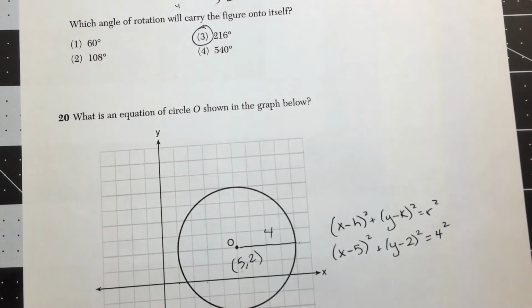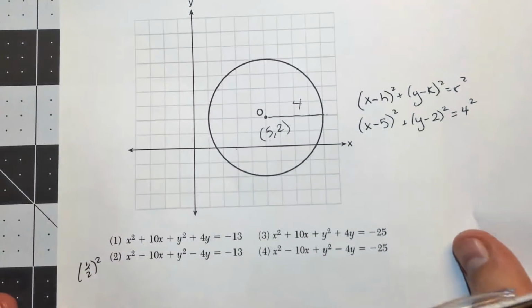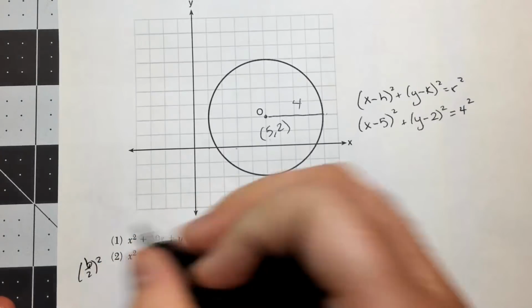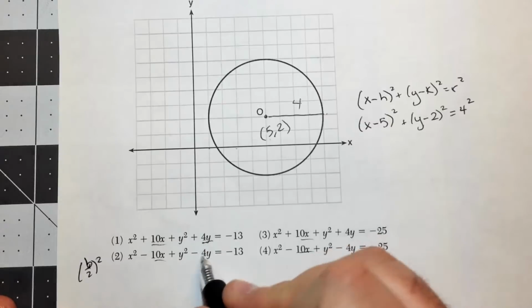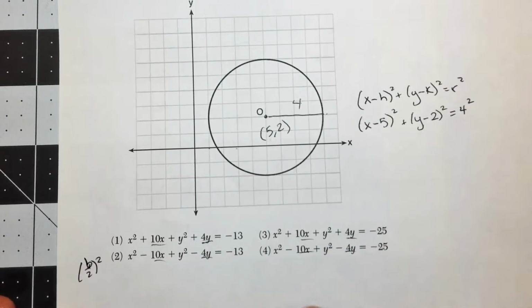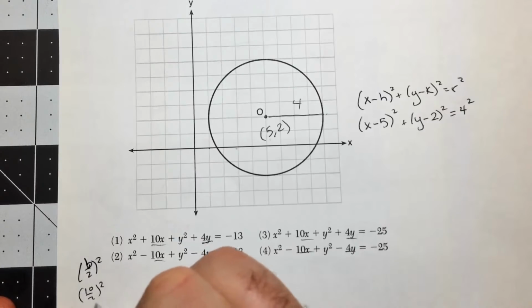So when you complete the square, notice how all these are the same thing. We essentially want to do b over 2 squared, b over 2 squared, to complete the square. The b term is the linear term with the x on it. So that's the 4 and the negative 10, or the 10. If I do 10 over 2 squared, I'm essentially going to get 5 squared, or 25.